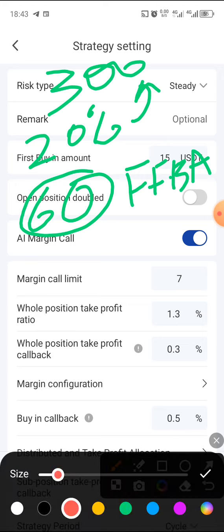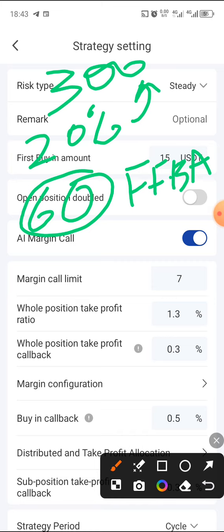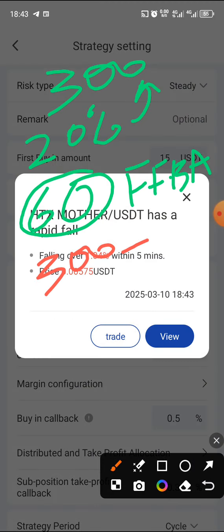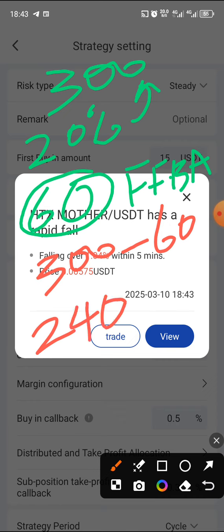now after understanding that, now we are going into margin call configurations and how to set them. So with the remaining 240, which is 300 minus 60, giving you $240. Now $240 divided by 5 or 10, depending on your risk appetite.